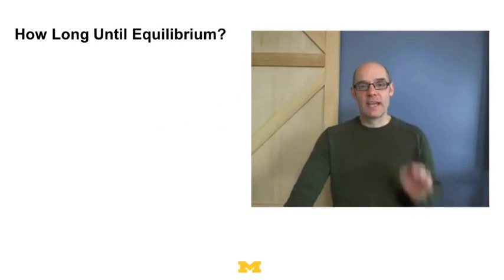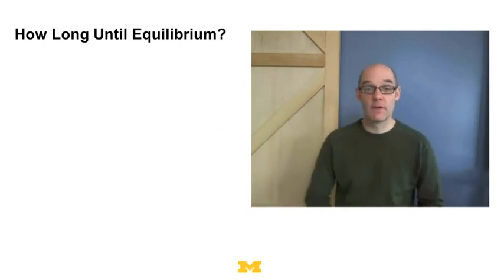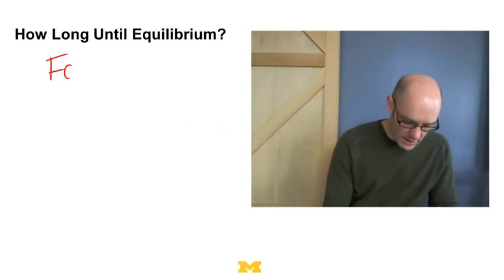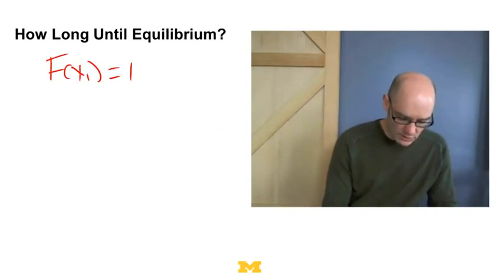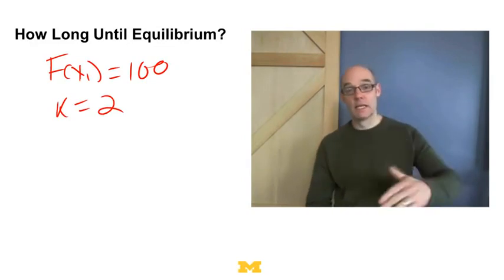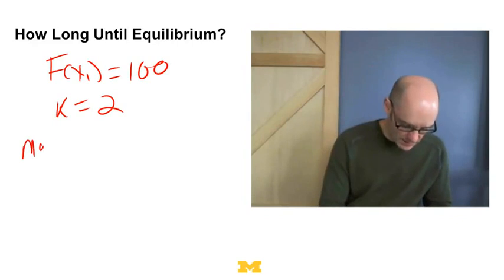So now let's look at this question: how long until the process reaches equilibrium? That's really a fairly easy question to answer. Suppose that we start out with f of x1 equals 100 and k equals 2. So that means that the original value of the function is 100, k equals 2, and let's suppose the maximum equals 200.